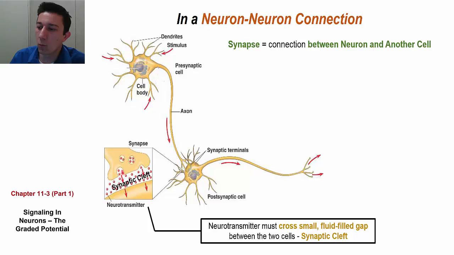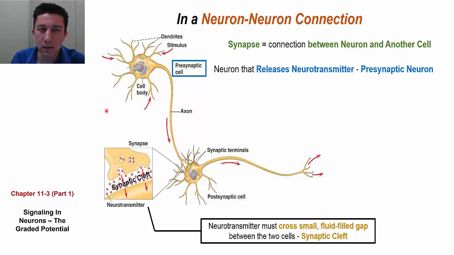That is, the neuron doesn't physically touch or connect to the next cell in the chain, and there's always this fluid-filled gap in between them that we refer to as the synaptic cleft. The reason for this fluid-filled gap is, recall that neurons signal other cells by releasing a chemical signal. They release a neurotransmitter. So we have to have a fluid-filled gap in order for that chemical to be able to cross to reach our next cell.